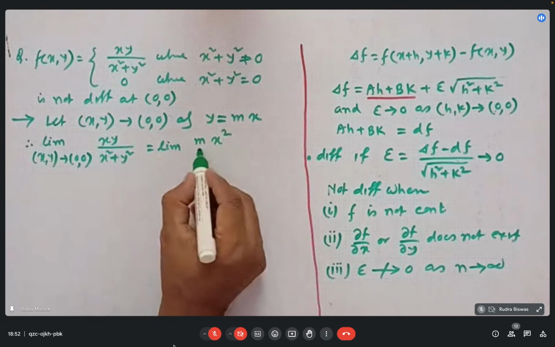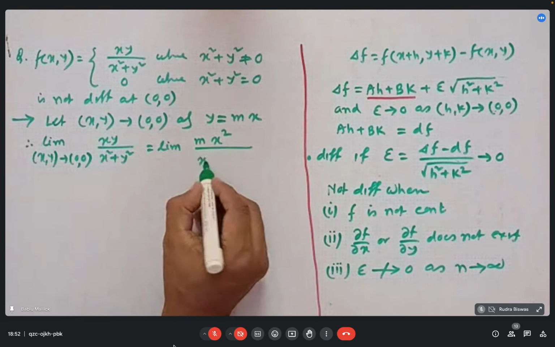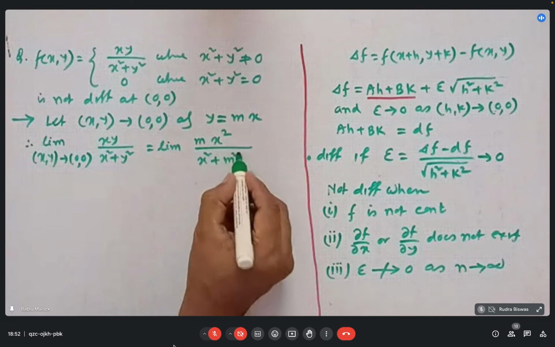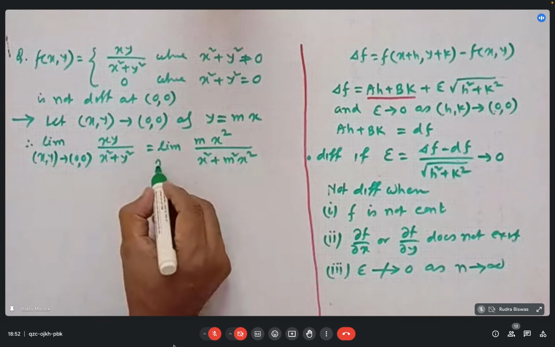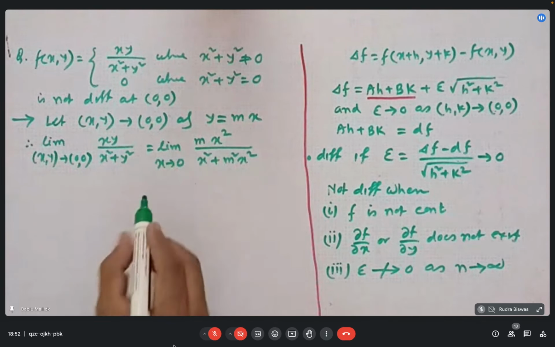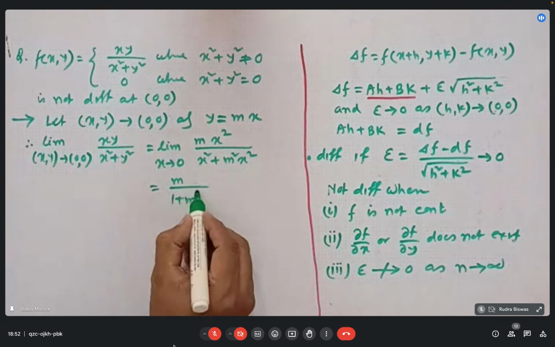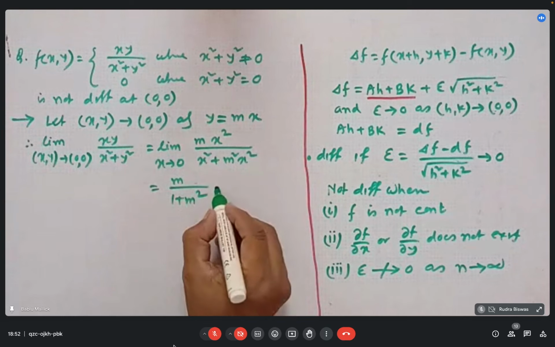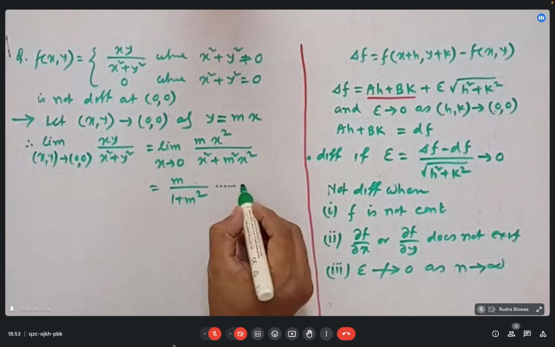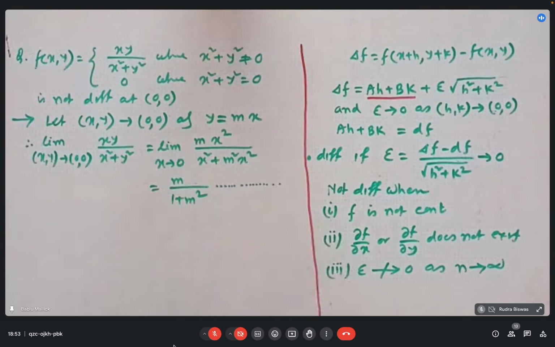It is m into x square divided by x square plus m square x square. That is m divided by 1 plus m square, which is different for different values of m.